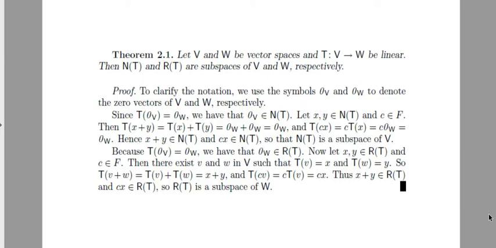So we get that X plus Y, which is equal to T of V plus W, will belong to range space of T, and Cx, which is equal to T of CV, will belong to range space of T. So this range space of T is a subspace of W.